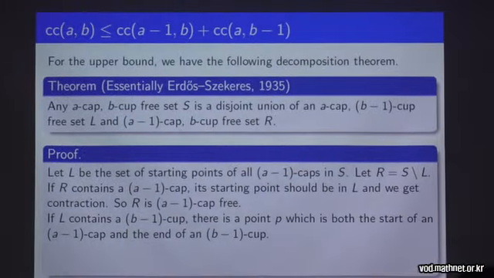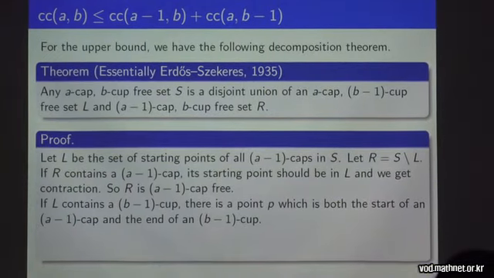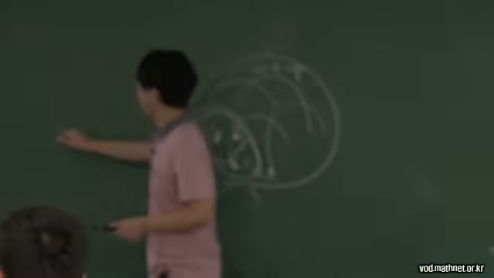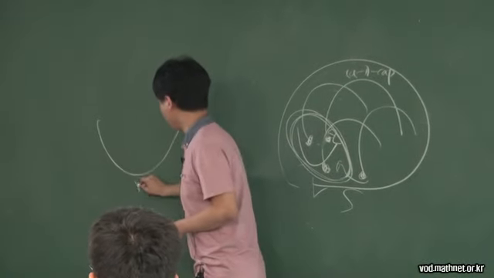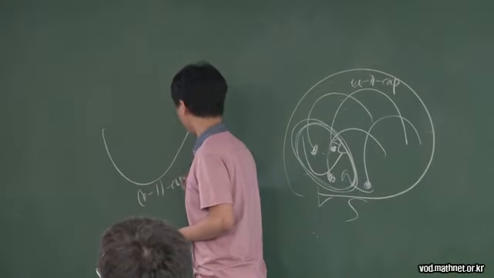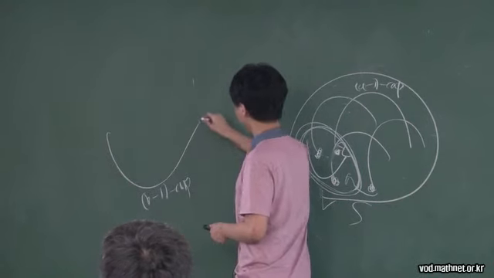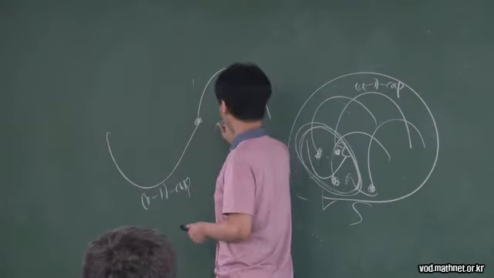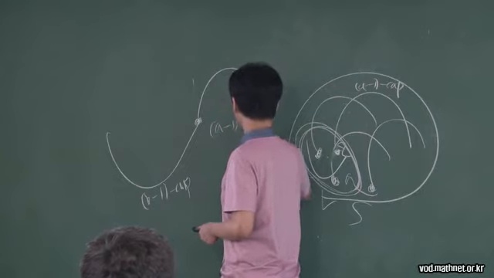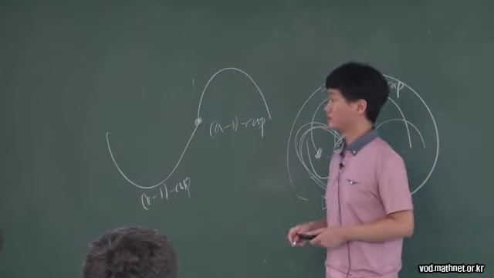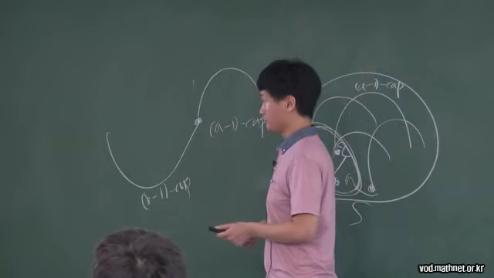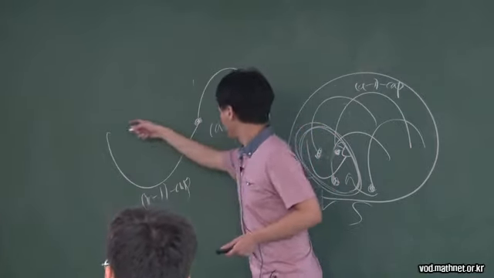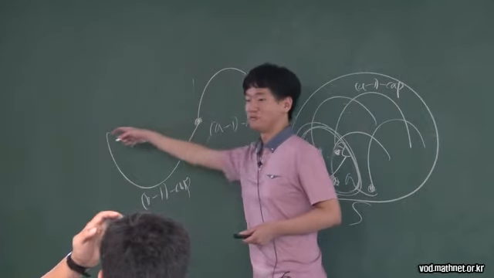And if L contains a B minus 1 cup, like this, so this is a B minus 1 cup consisting of all points in L, then this endpoint should be the starting point of another A minus 1 cap, right? So this implies either the existence of an A cap or B cup.